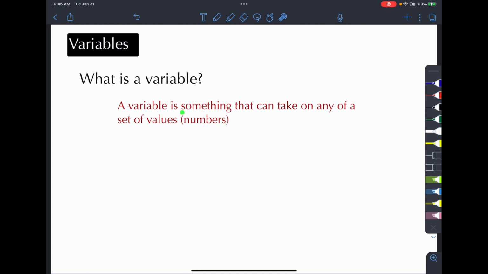So there is a bunch of numbers that a variable could be, and that means that it could change as well. We could make that variable be any one of this set of numbers. That's maybe a very loose definition of a variable.